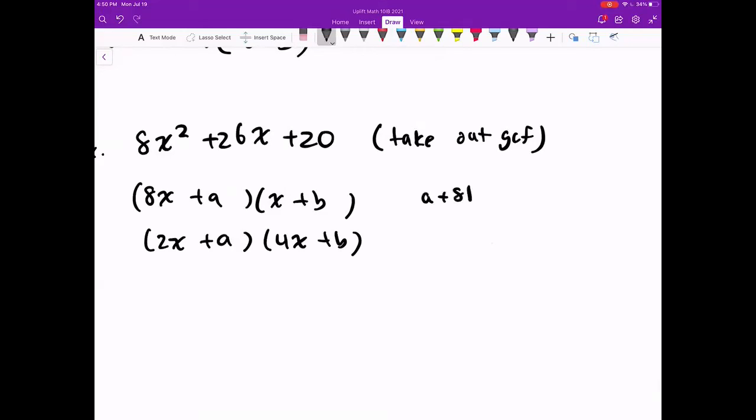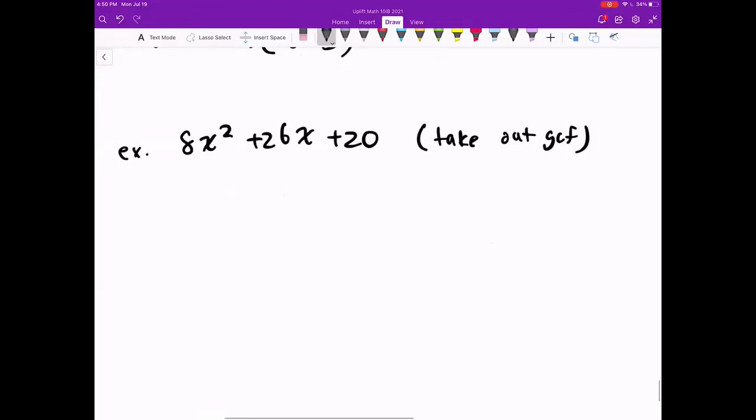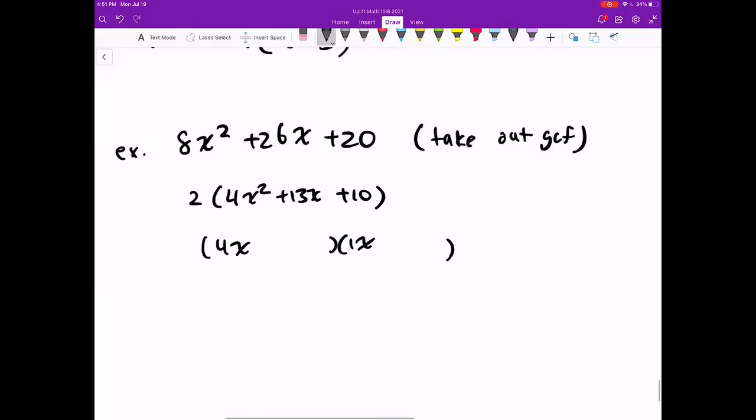A plus 8b is equal to 26. Sorry, I forgot to factor out the GCF again. Take out the GCF. The GCF is 2, so we have 2 times 4x squared plus 13x plus 10. So it's either 4x times 1x or it's 2x times 2x.